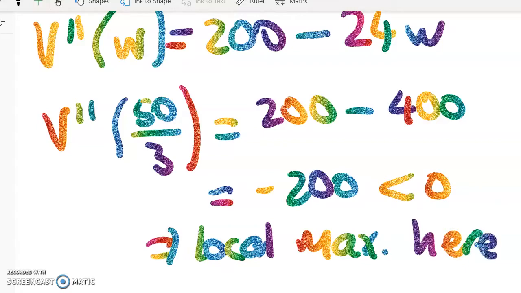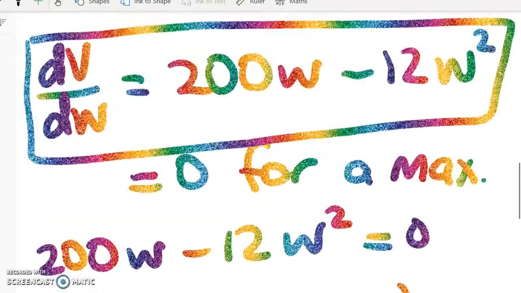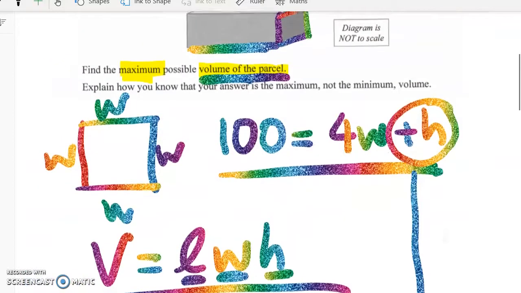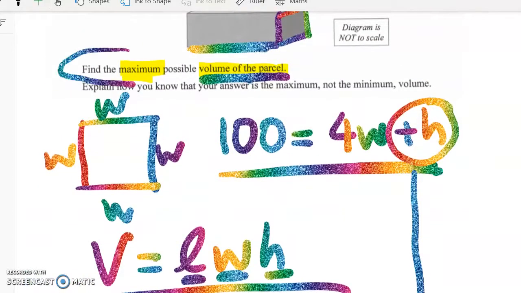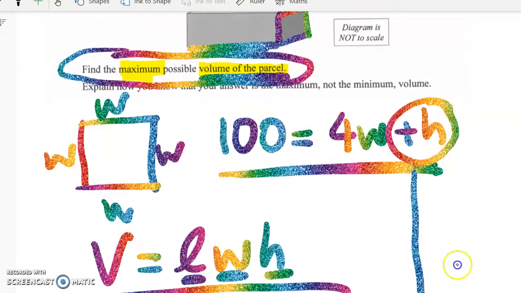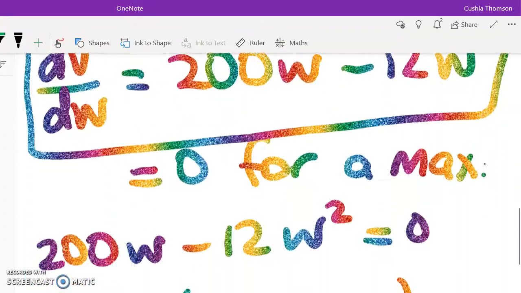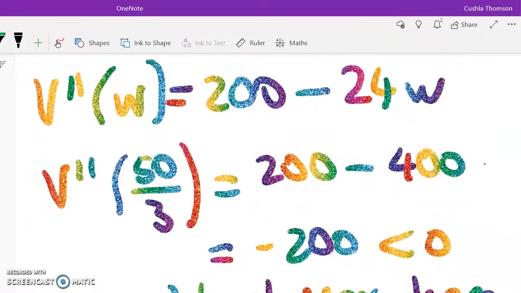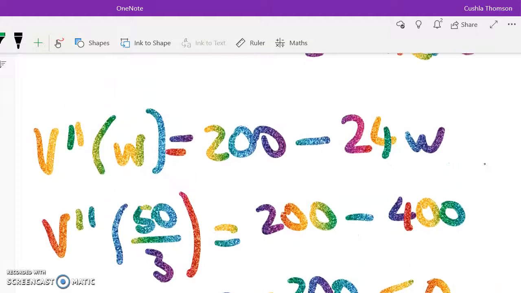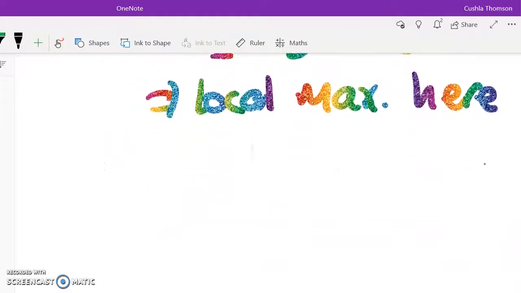At this point, what I haven't done yet is what I was asked to do, which is to figure out, just going back up to read the instructions, we have to find the maximum possible volume of the parcel. So we have to take our value for W, we have to work out H, and we have to substitute it all back into V. Something weird's happened with my window frame here, so hopefully you can see this.